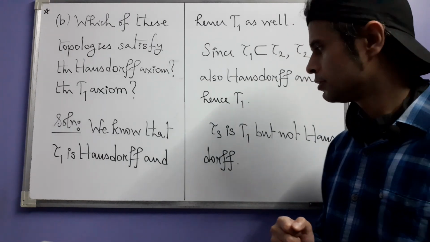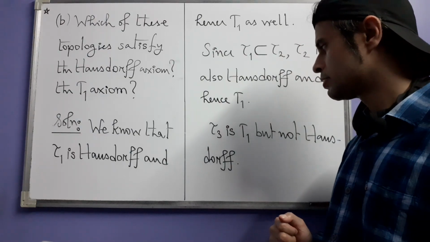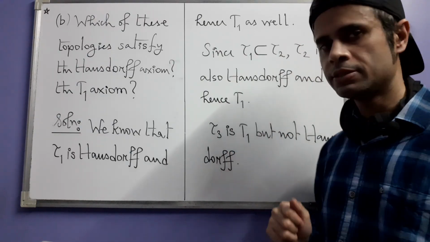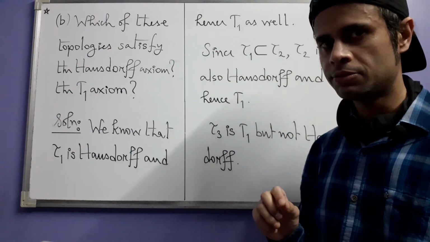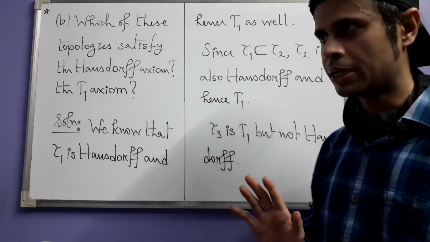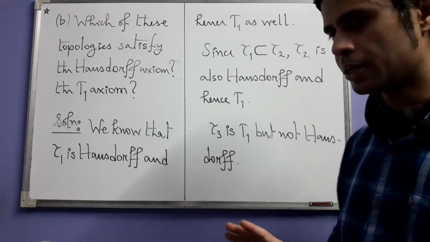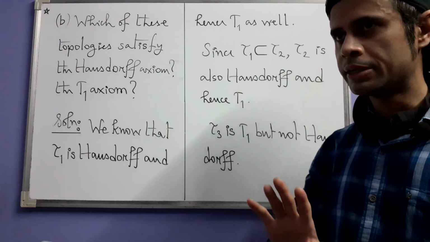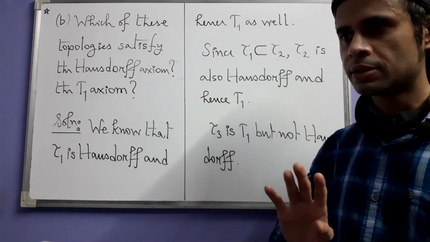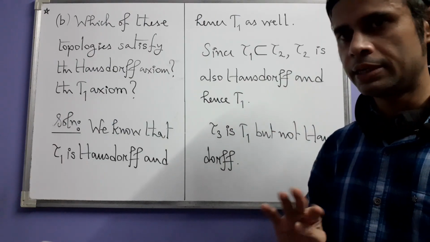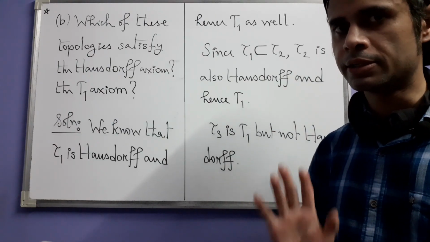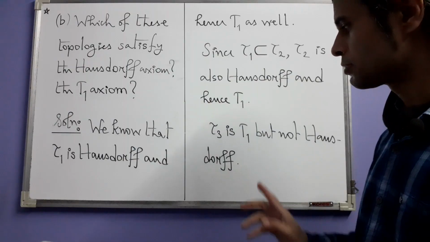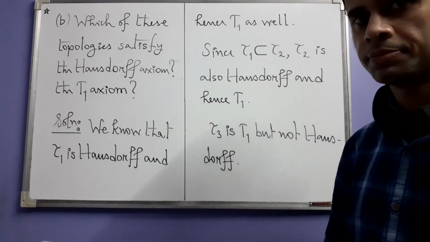From that definition itself, you will find that the topology is T1. Every one-point set will be closed. But at the same time, it will not be Hausdorff because no two non-empty open sets are disjoint. Any two non-empty open sets will intersect each other. That's why it's not Hausdorff.